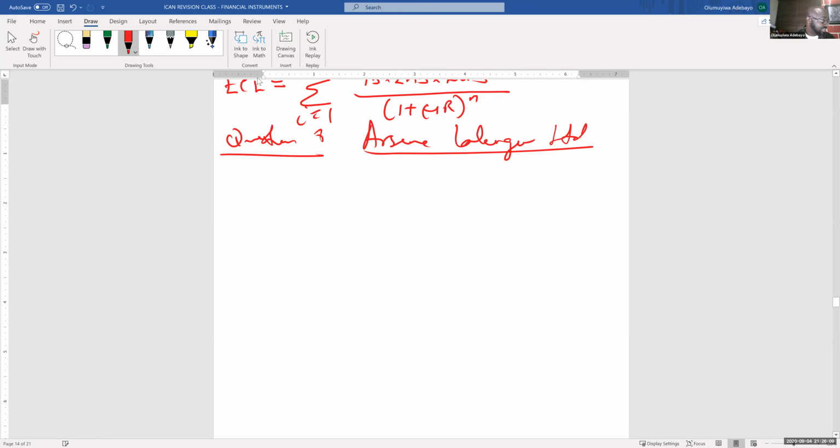Now, the first thing is that we are told to determine our amortized cost, or what is the carrying amount as at the end of year 2. I'll come here to say, A, I show my amortized cost schedule.